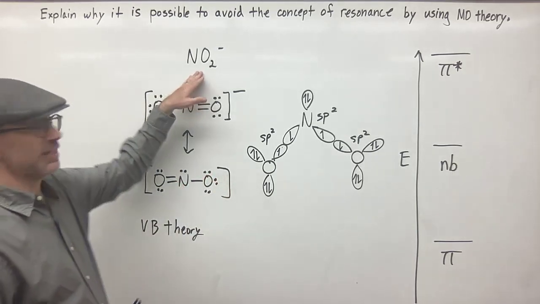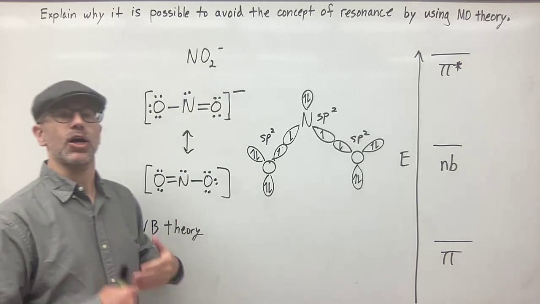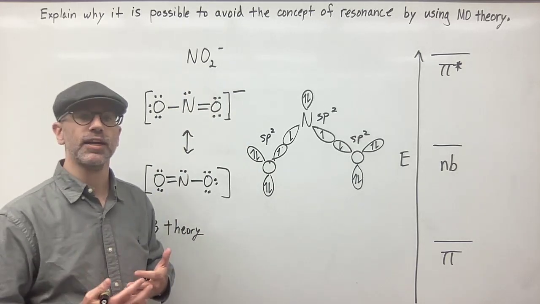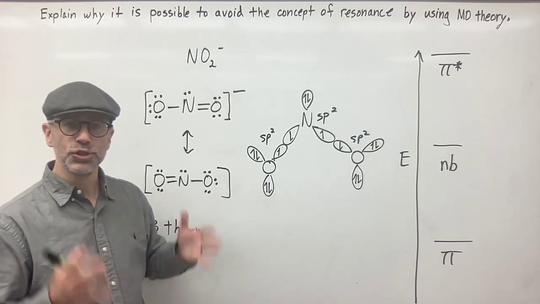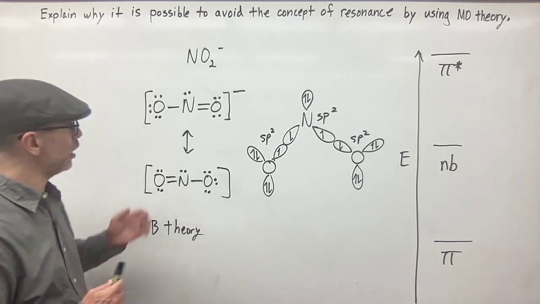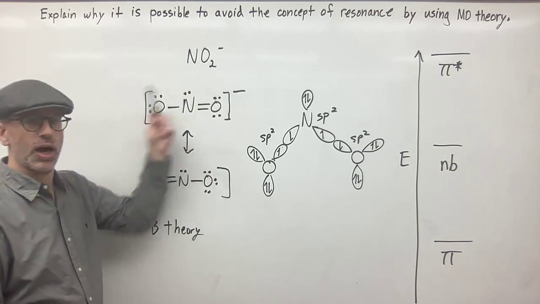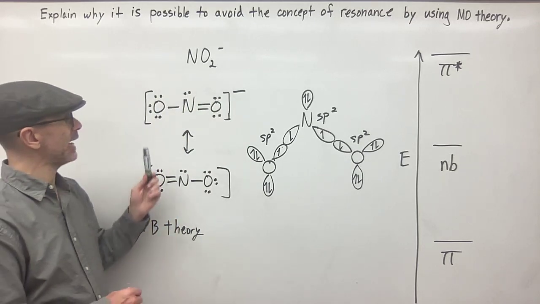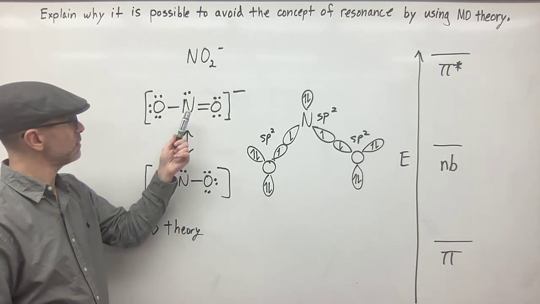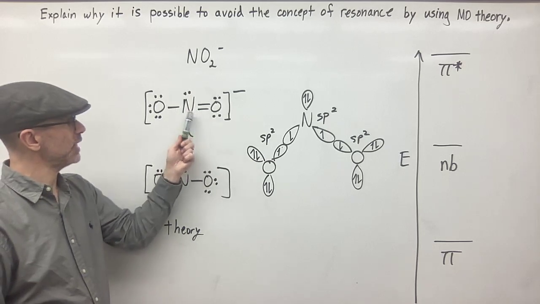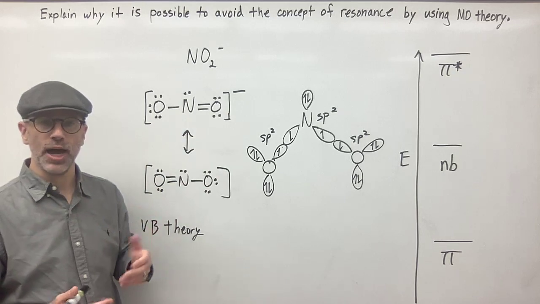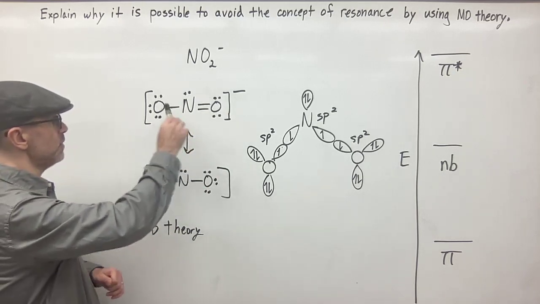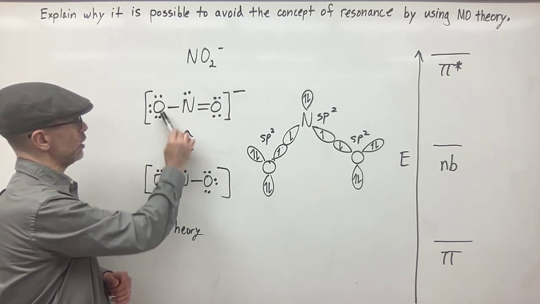So using NO2 minus as an example, when you're using Lewis dot structures and valence bond theory to show that there's resonance in your molecule, you wrote these Lewis dot structures, and the resonance came in because here you have a double bond to the oxygen, but because the electrons are delocalized, you can push the electrons here, right?